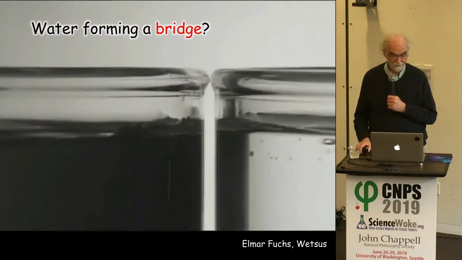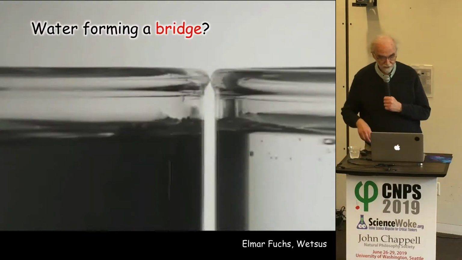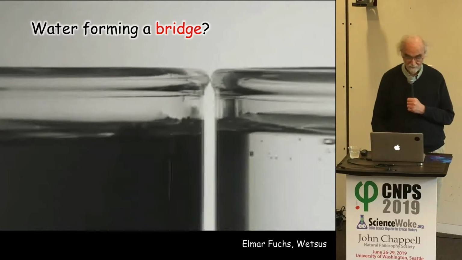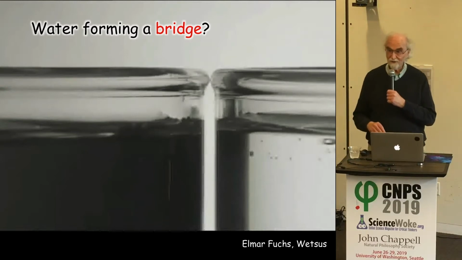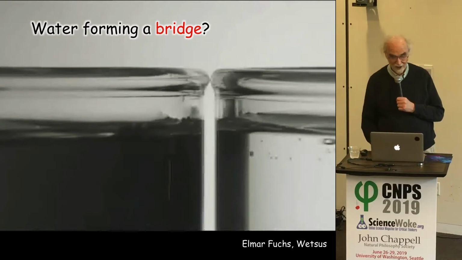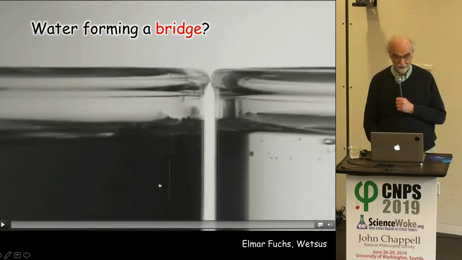And here's another, this is a so-called water bridge, experiments done mainly by Elmar Fuchs in Holland. Very simple experiment, but the result is rather astounding. You take 2 beakers and you put them lip to lip and fill each one with water. And then you take 2 electrodes and put a high voltage between here and here, sticking the electrodes in.